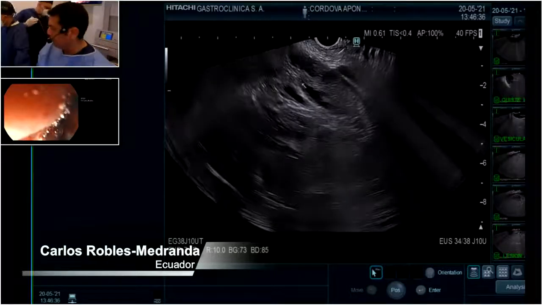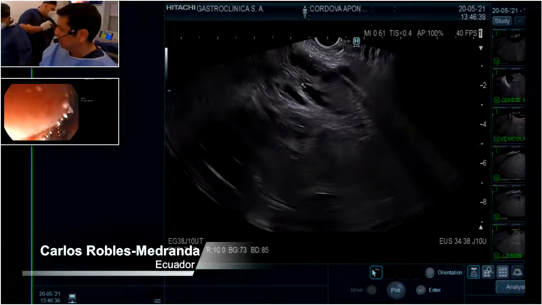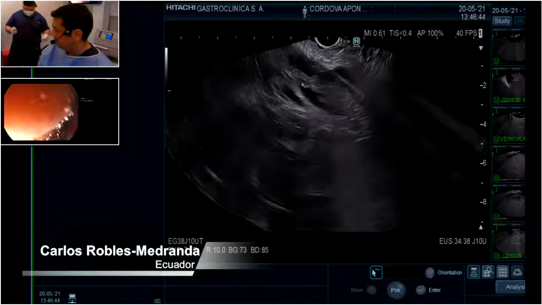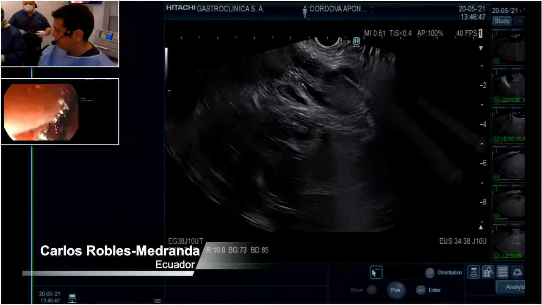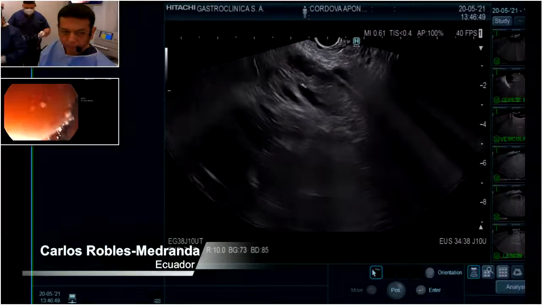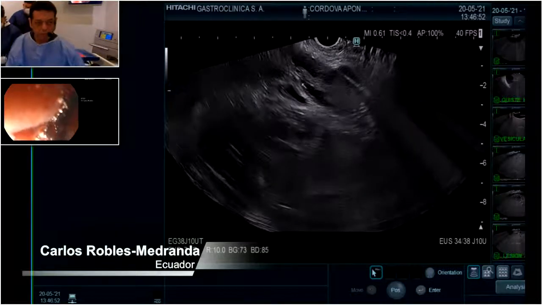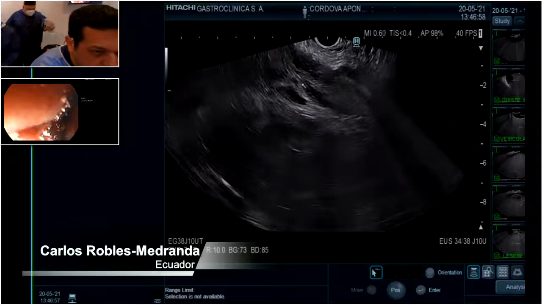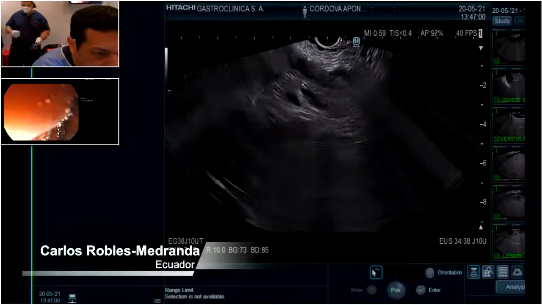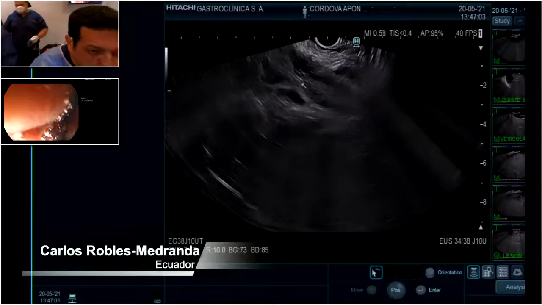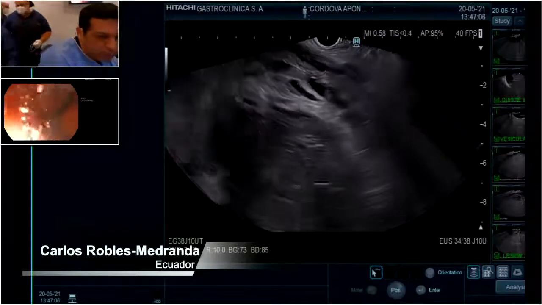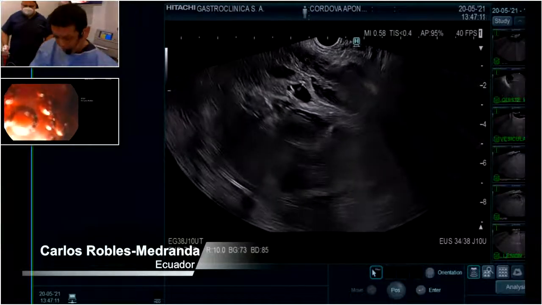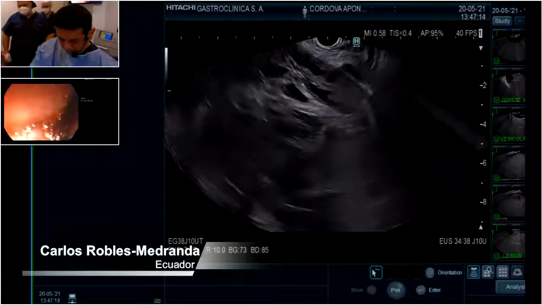So that's the big problem of the macrocystic lesion. So that's why the patient have pain, huh? It's because of this.